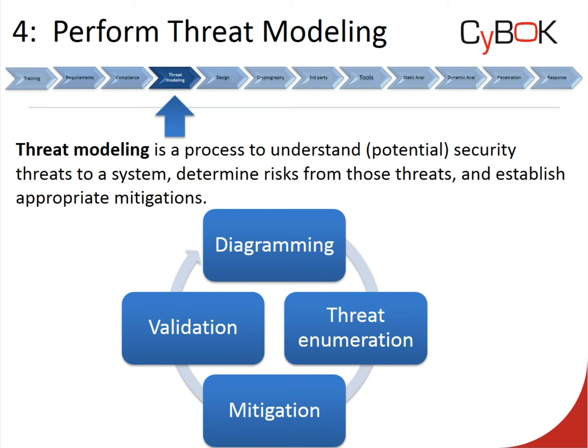Next one is to perform threat modeling. So threat modeling is a process that the team can use to understand security threats to a system, determine the risks for the threats, and establish appropriate mitigations. And so what a team generally will do for threat modeling is develop an architecture diagram or a data flow diagram for their system, and this is done early.